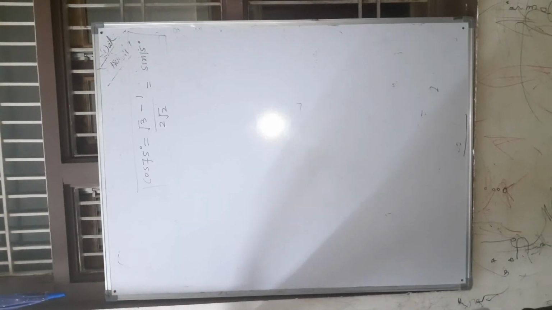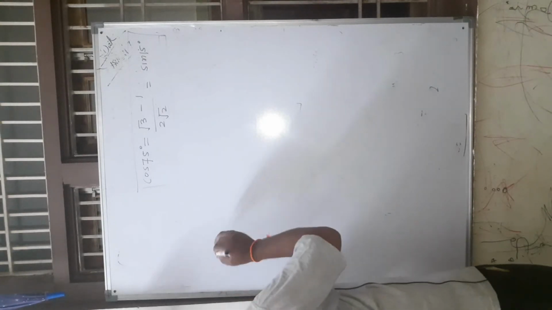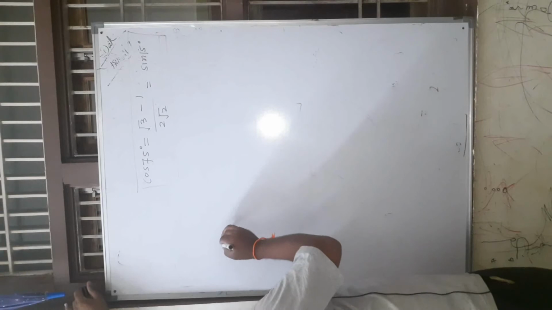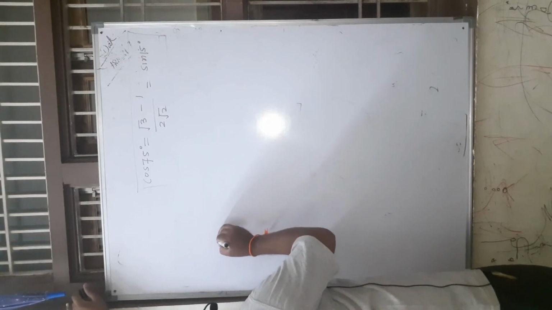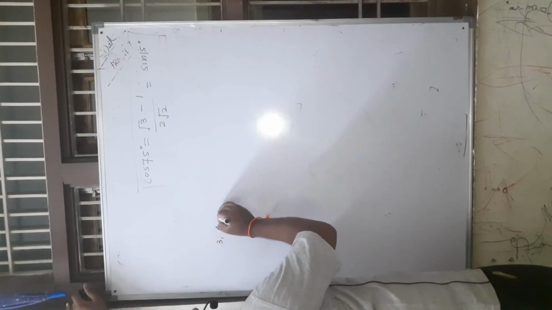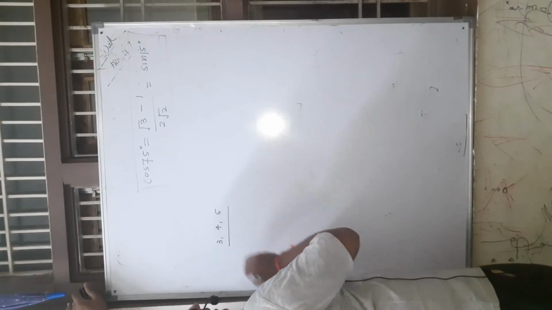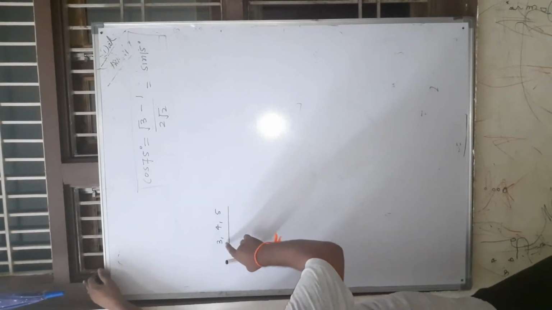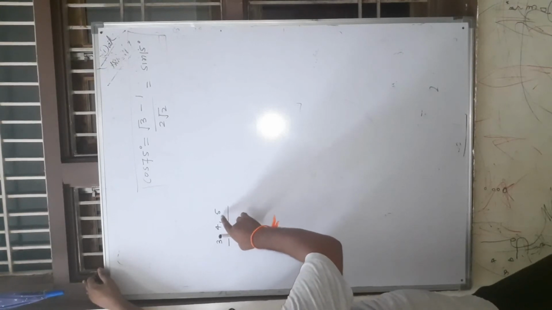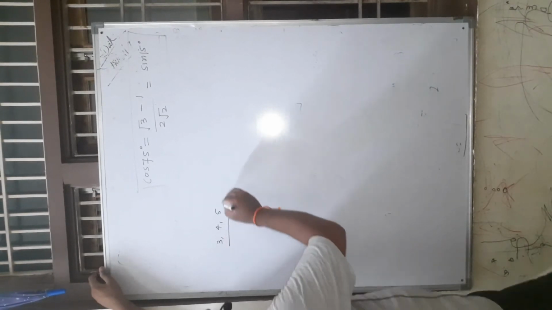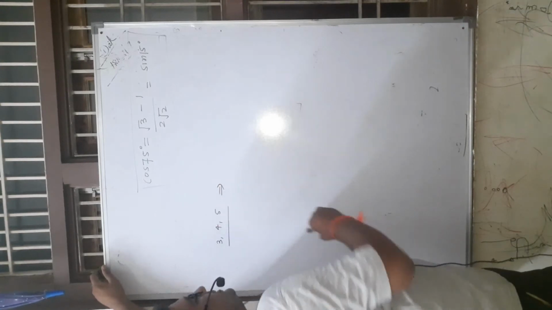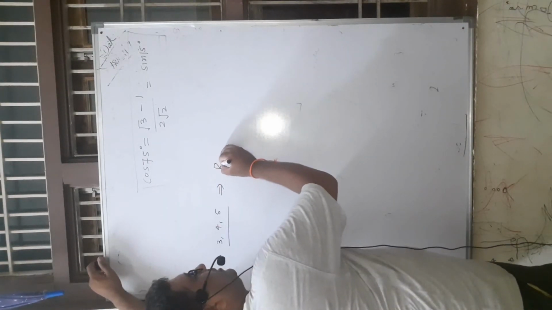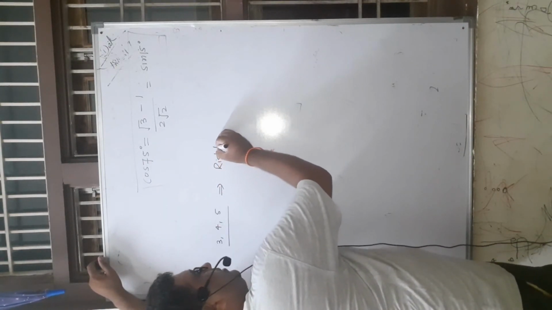Now we take a pair for a right angle triangle. There are various pairs for right angle triangles. We take one pair, 3, 4, 5. If three sides of any triangle are given as 3, 4, 5, these three sides represent a right angle triangle.